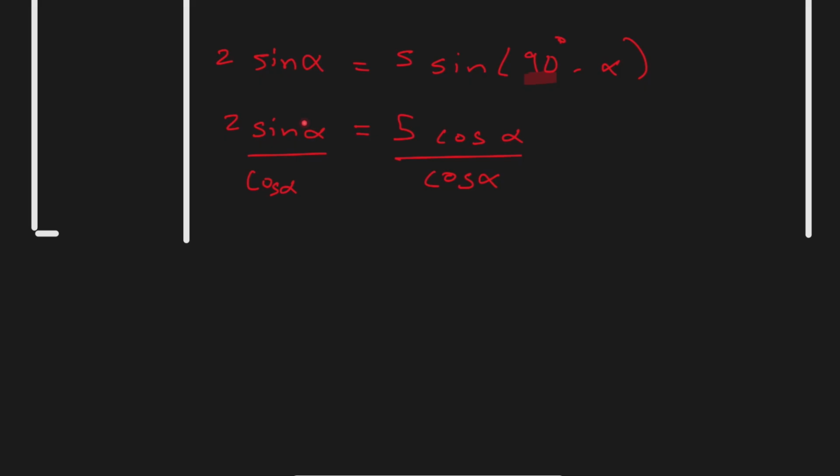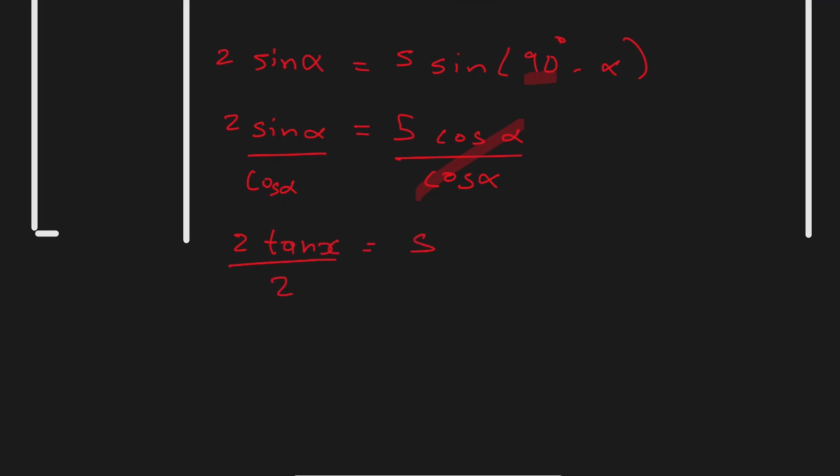Also here, you can't divide by a trig ratio if you are solving for trig ratios. But in this case, if you divide by cos so that you can get a tangent, then that is not considered cancelling out the cos. You cancel it on this side, but it has moved to the other side. It is not cancelled. So on this side, we're going to have 2 tangent of x being equal to 5.